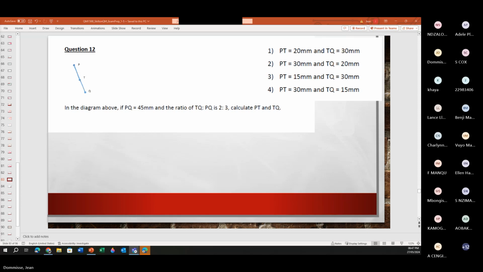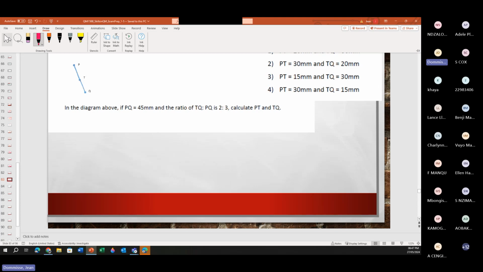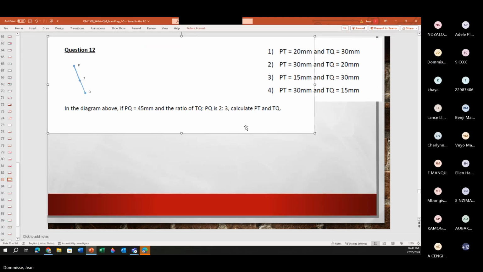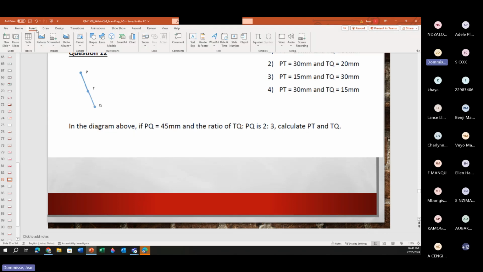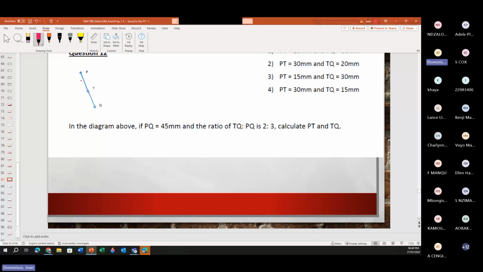Okay, another type of ratio question. So if a diagram above is PQ, so let's just make it, sorry, a bit bigger. Okay, so here we have PQ.